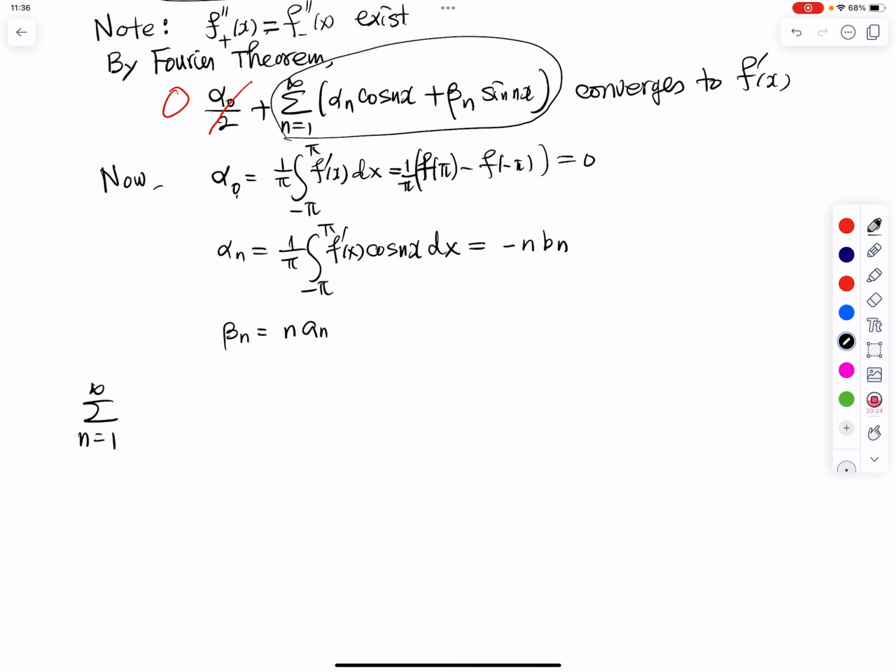So alpha n is minus n bn cosine nx, plus n an sine nx. So that's what this one converges to, f prime x. So this is what we have here.